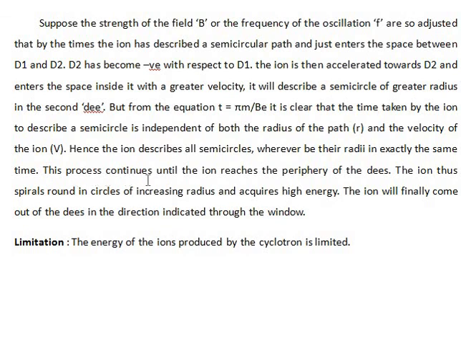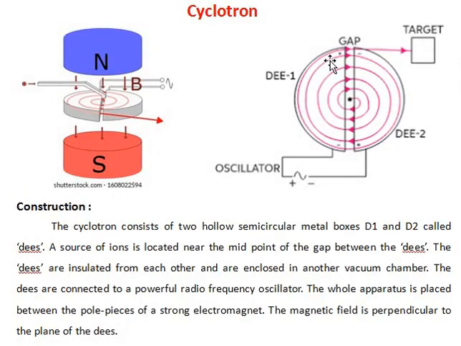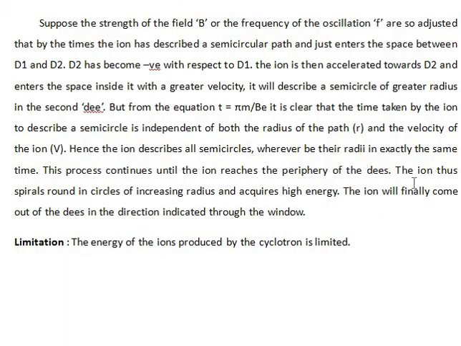This process continues until the ion reaches the periphery of the Ds, periphery in the sense at the border of the Ds. The ion thus spirals around in circles of increasing radius and acquires high energy.